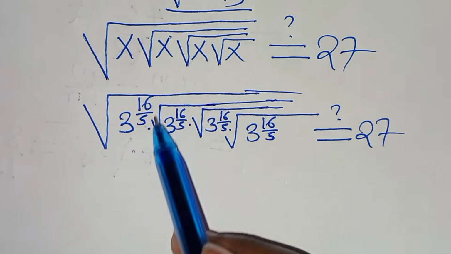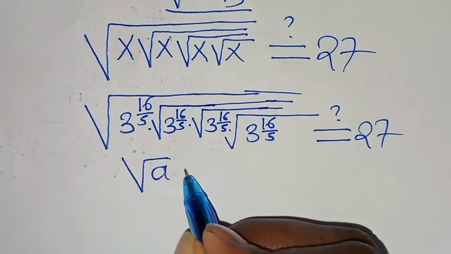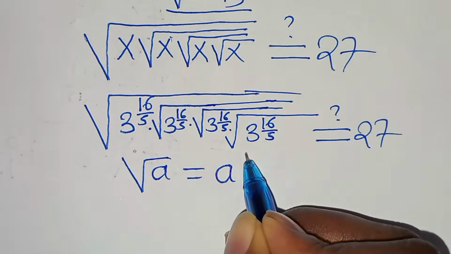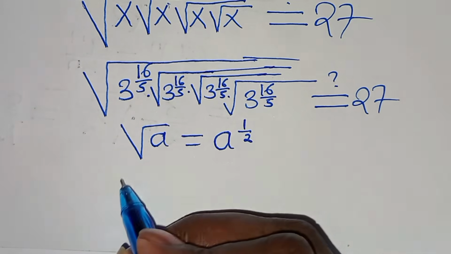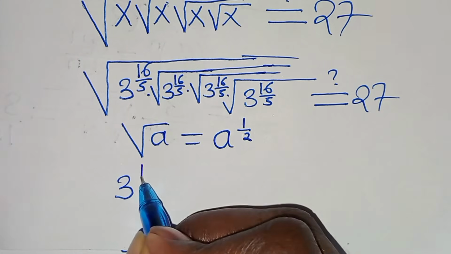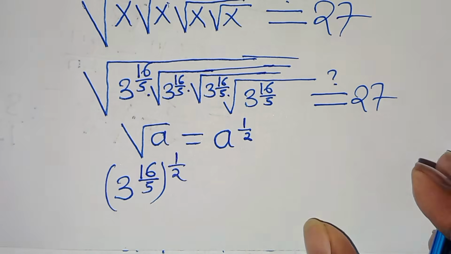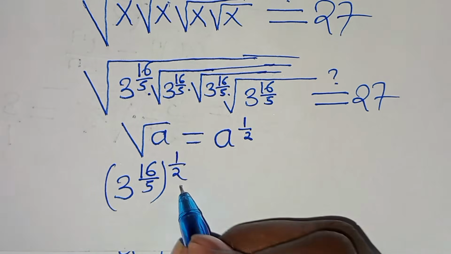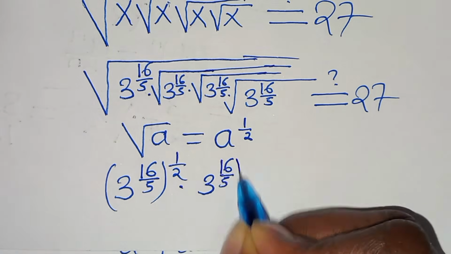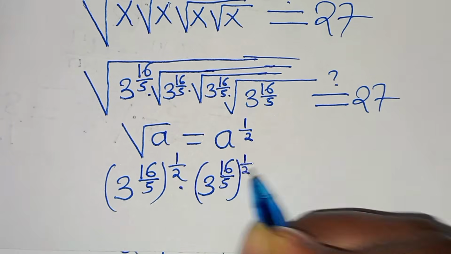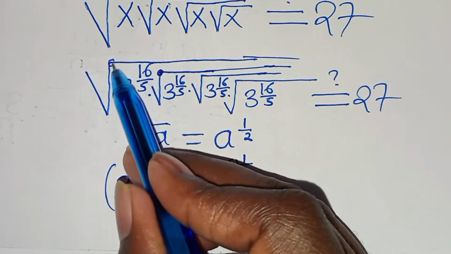Now, remember the square root of a is the same thing as a to the power of half. So applying this property, here we have 3 raised to the power of 16 over 5, raised to the power of half. Then times 3 to the power of 16 over 5 raised to the power of half. Remember, we have two square root signs here. We have this one and also the second one here.